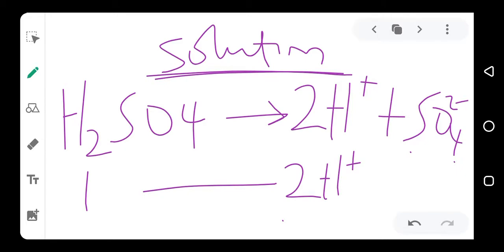Therefore, in step 2, we ask ourselves that if 1 is giving us 2, then the molar concentration of the acid given to us in the equation, how many molar concentration of the hydrogen ion will it give us?